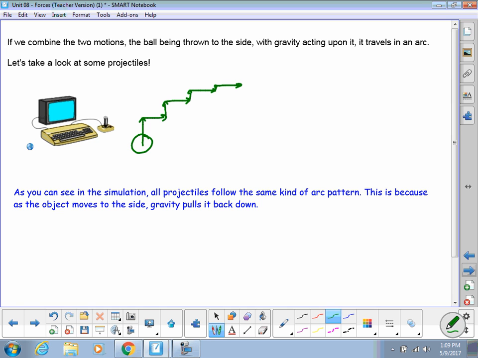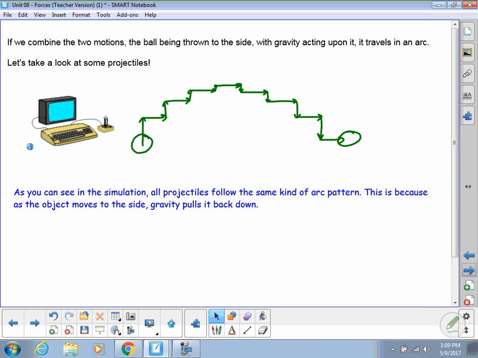And then it will start to come back down again as it's moving over, and it comes down a little bit more as it moves over, and it comes down more as it moves over, and eventually the ball ends up at some other spot. If we take all of this and look at it together, we see that the ball actually travels in a bit of an arc.